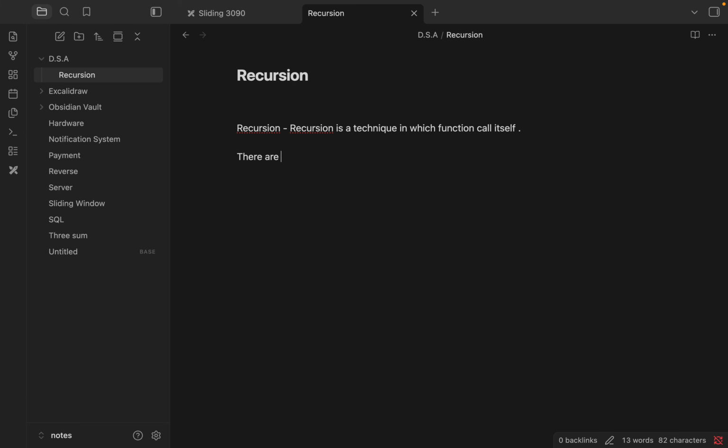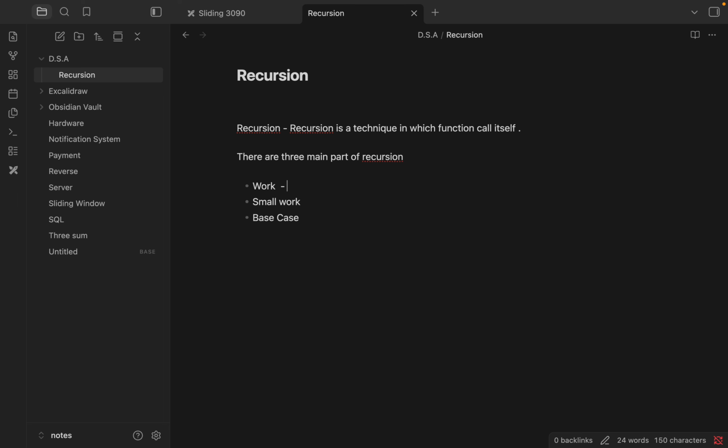There are three main parts of recursion: work, small work, and base case.